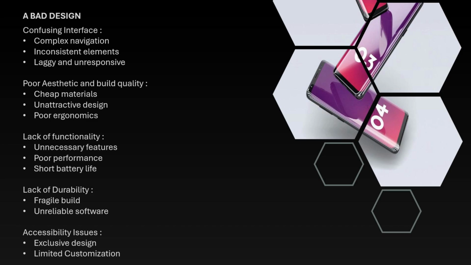Next we have lack of functionality, which is unnecessary features, poor performance, and short battery life. Next we have lack of durability, which is fragile build and unreliable software. And lastly we have accessibility issues, which is exclusive design and limited customization.